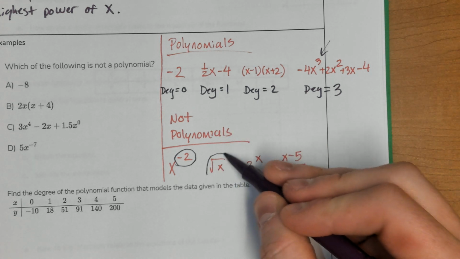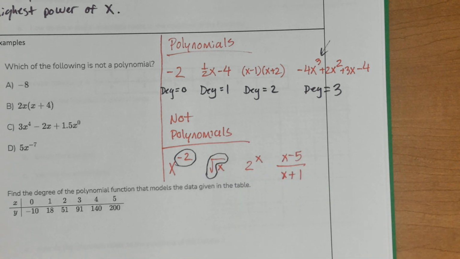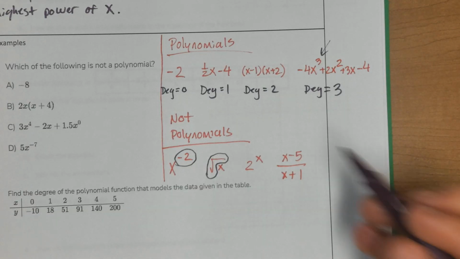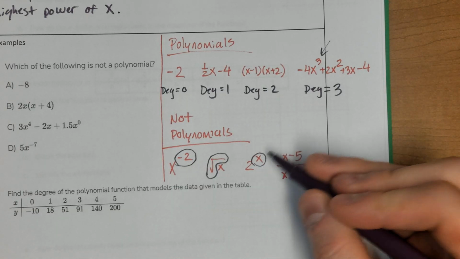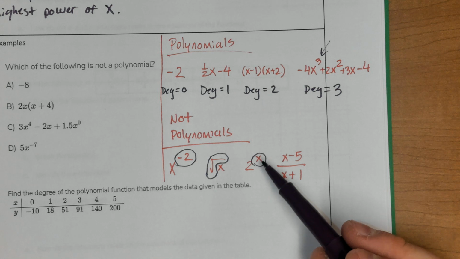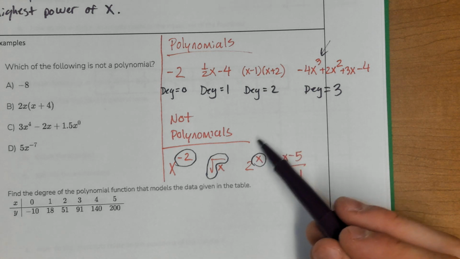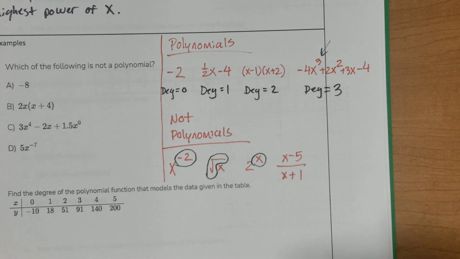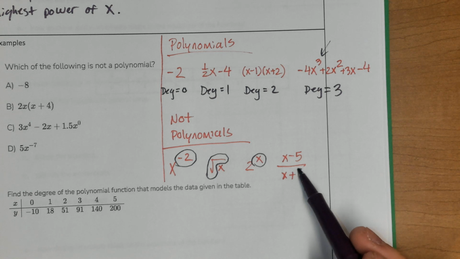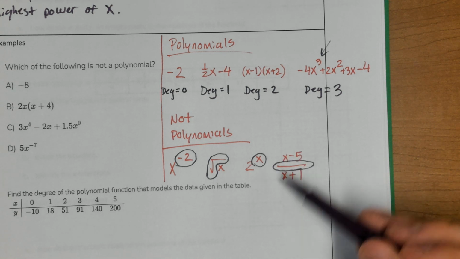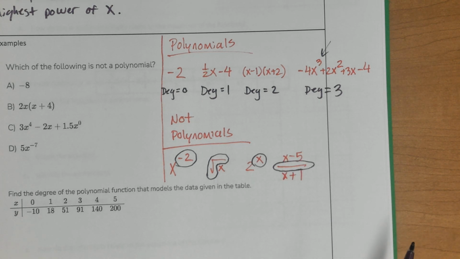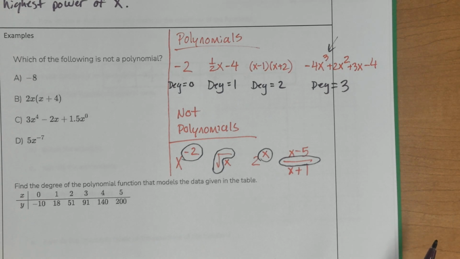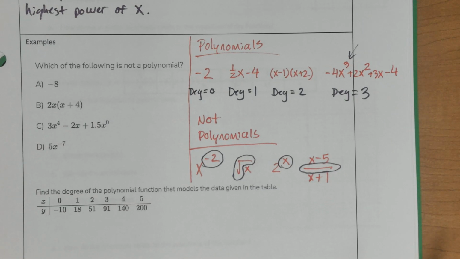We cannot have a square root. This is actually an exponential. It's an unknown power of x, so that's going to give us a straight up curved graph, not even a parabola, not a polynomial. And then if we are dividing here, those x's actually cancel out, and we're going to avoid that as well. It's not a polynomial.